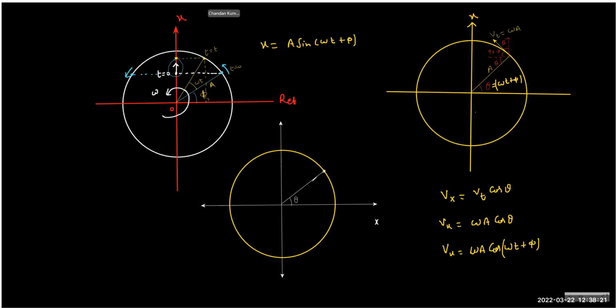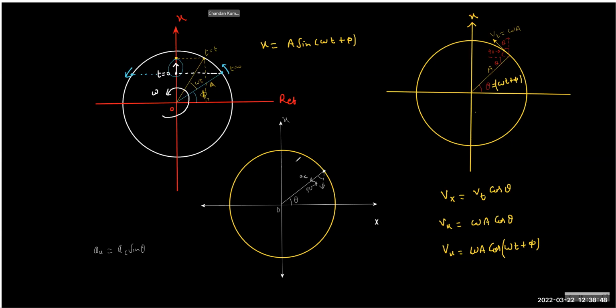We know in case of circular motion, the acceleration will be towards the center, AC, and it will have a component parallel to the x-axis. So this component will be like this one. This is 90 minus theta. So what is AX? AC sine theta, and as you can see, the direction is negative.